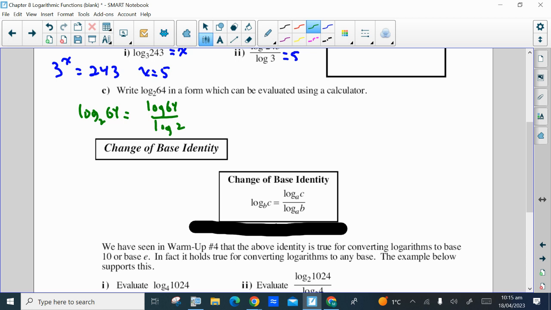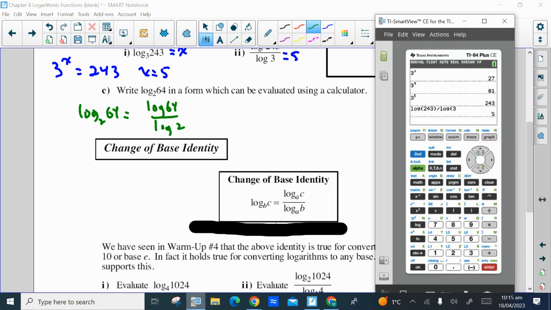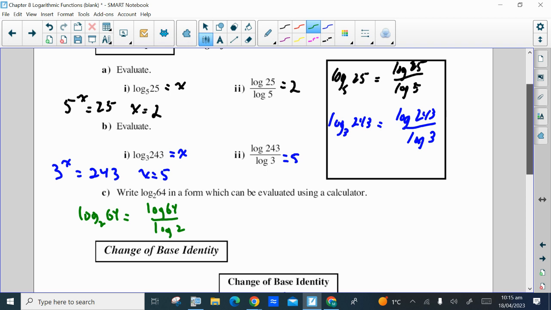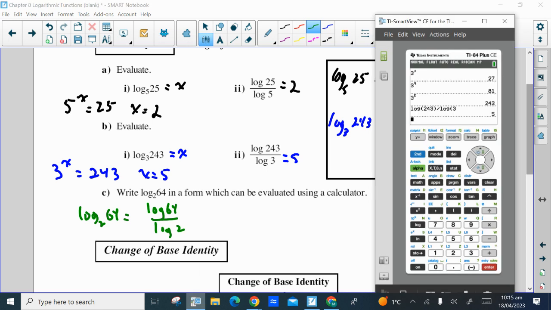Now, some calculators with newer operating systems also have a log function built into them where you can input whatever base you want. All right? So to check to see if your calculator has it, you have to go alpha and then window for F2.